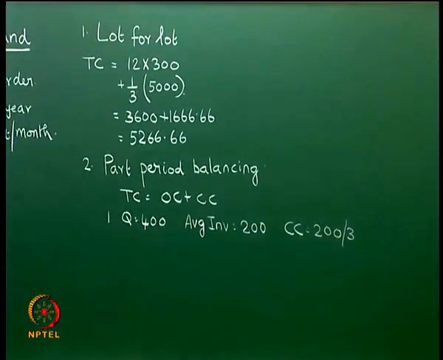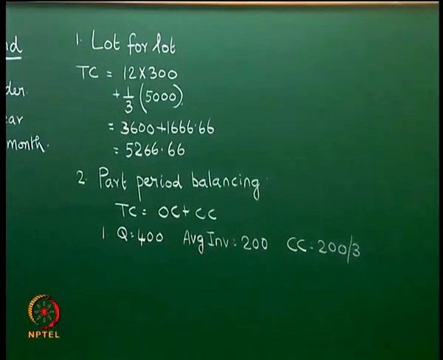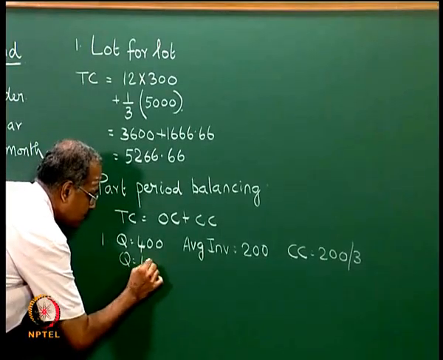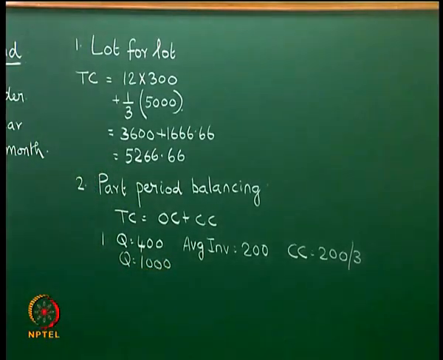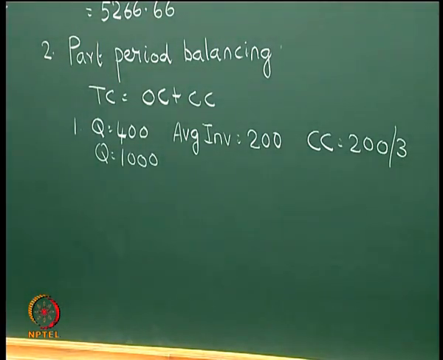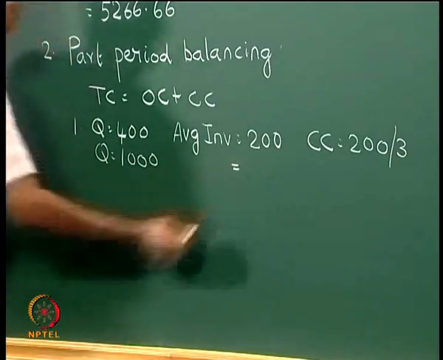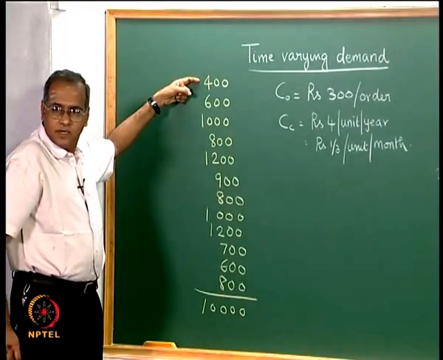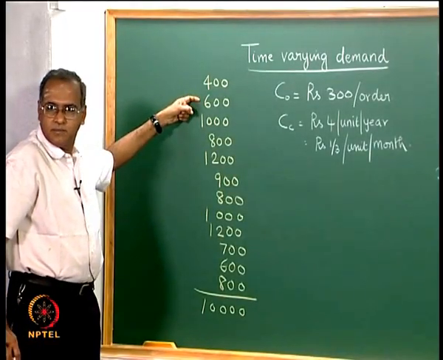Now we try and see whether we can order 1000 here. So now if Q is equal to 1000 here, which means we are trying to order for these 2 demands in this place, the average inventory will be, in the first month we begin with 1000 and we end with 600.